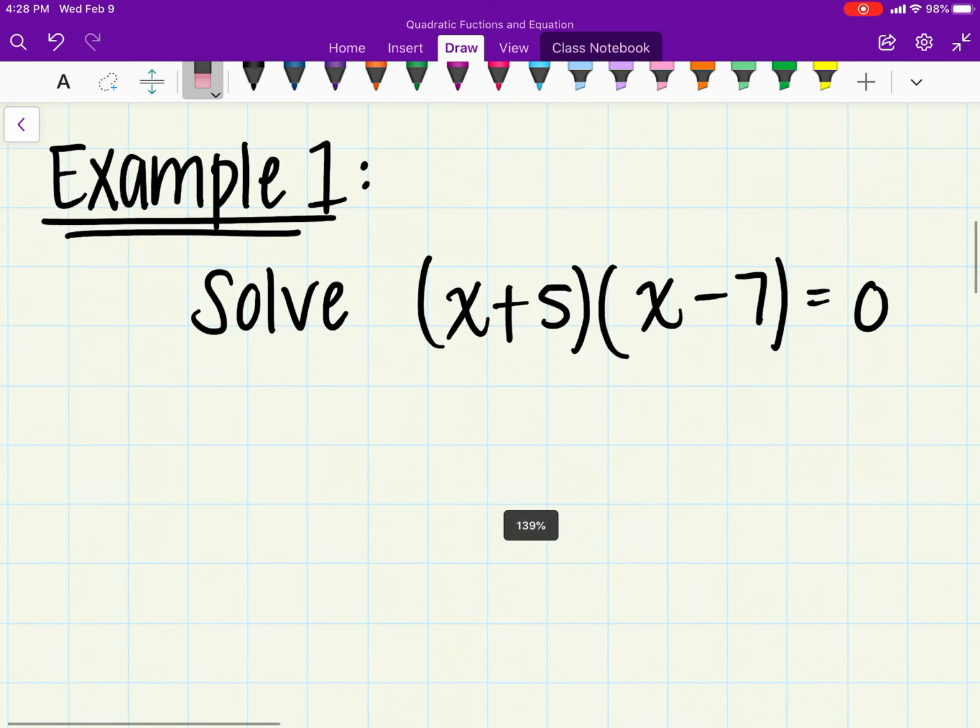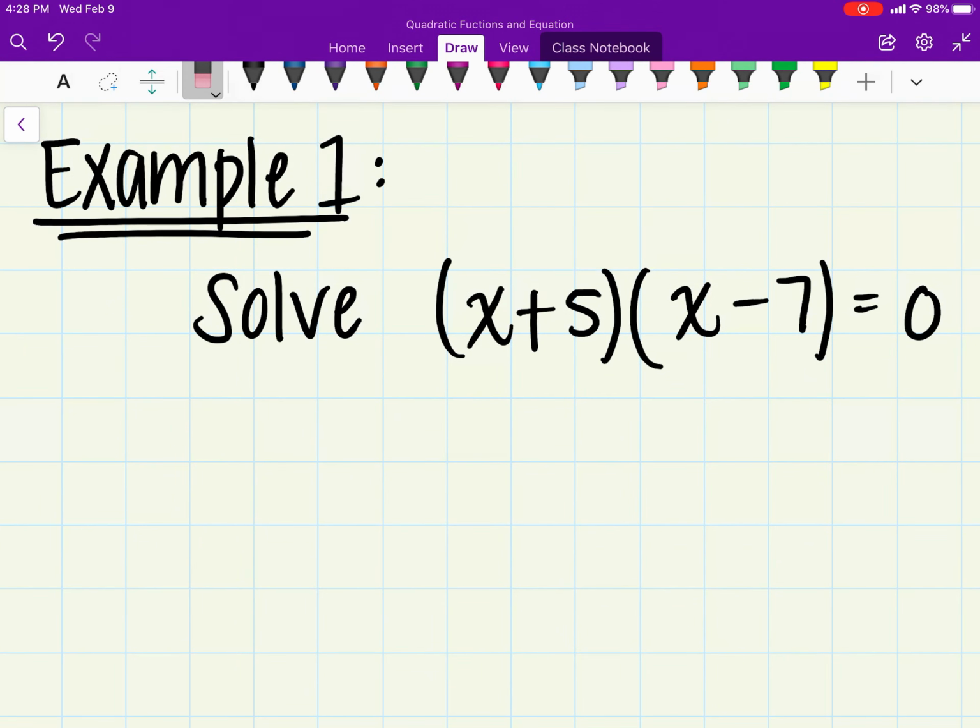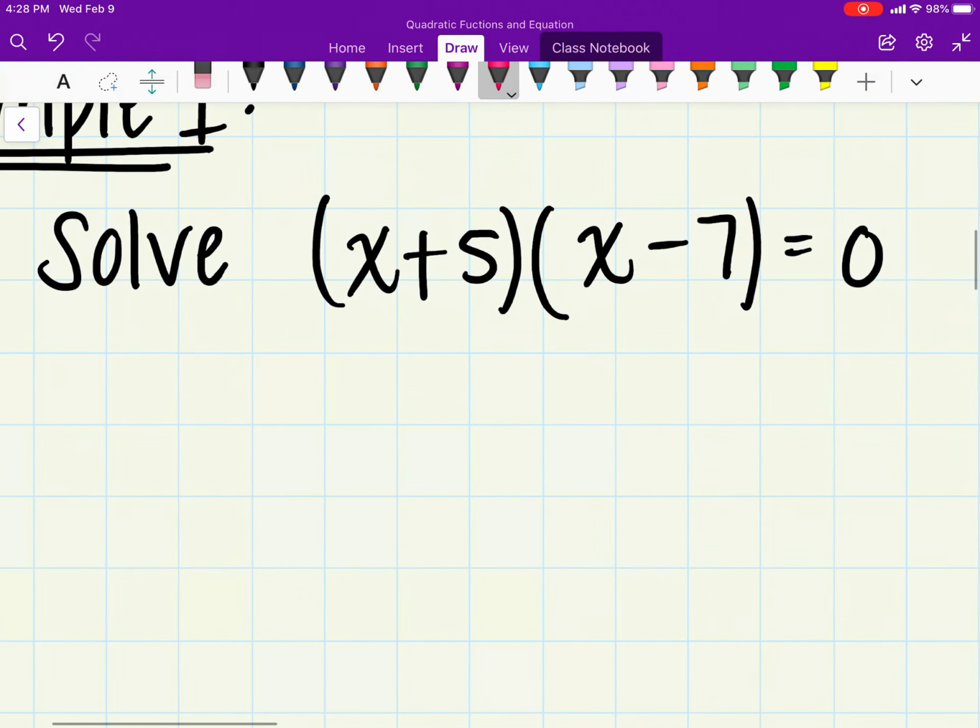So starting off, I do want to start off with example 1 here, guys. Example 1 in this case says solve the equation x plus 5 times x minus 7 equals 0. Now, in this case, guys, we've actually previously seen how to solve for the x-intercepts. We actually saw it earlier in the chapter. If you want to solve for x in this case, you want to make each of the expressions that have a variable equal to 0.